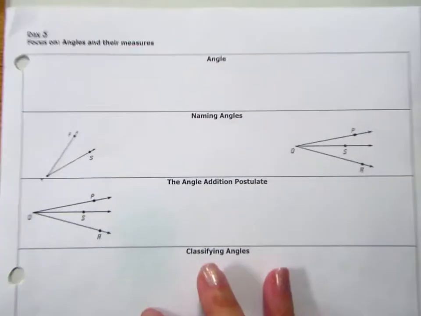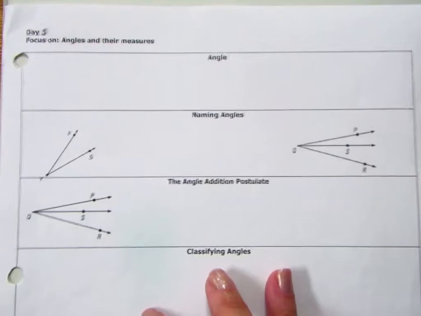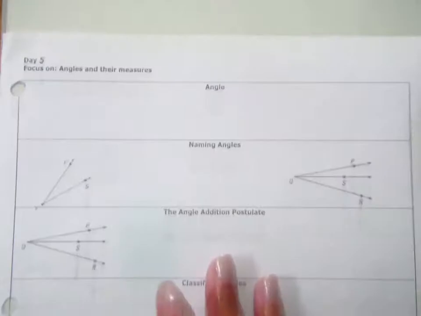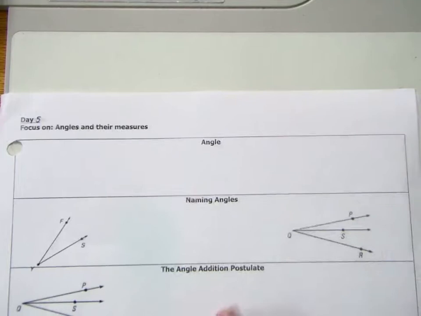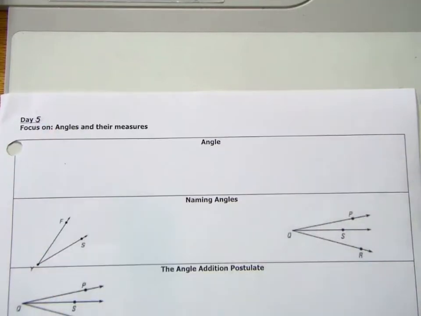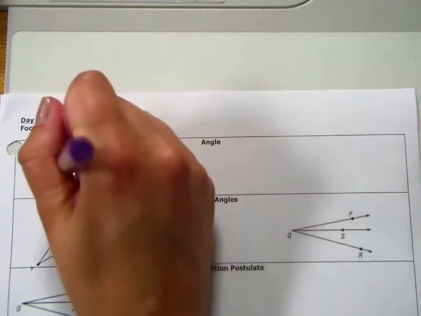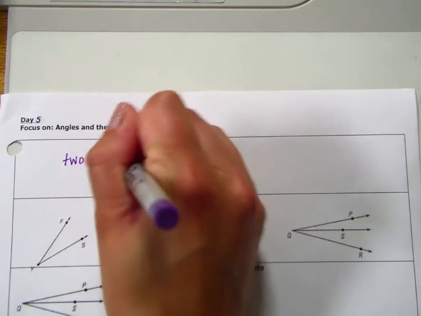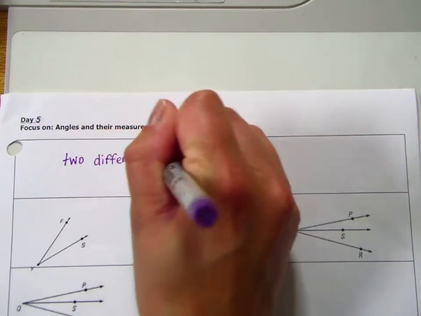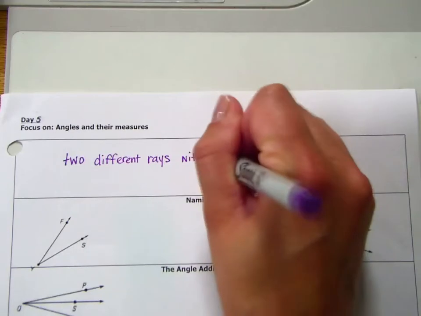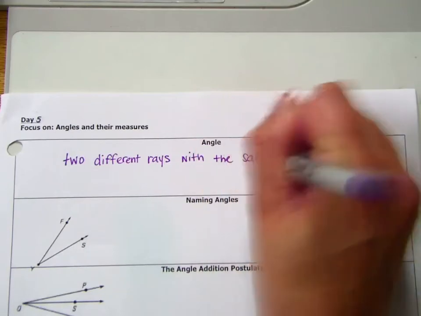First of all, let's go ahead and define what an angle is. In geometry, we define an angle to be two different rays with the same initial point.